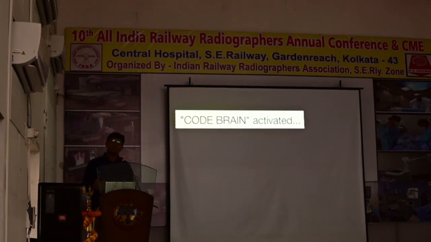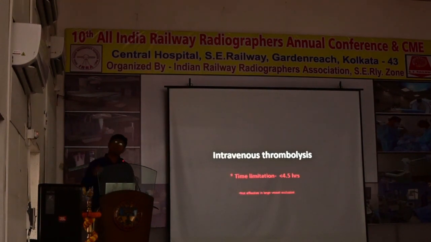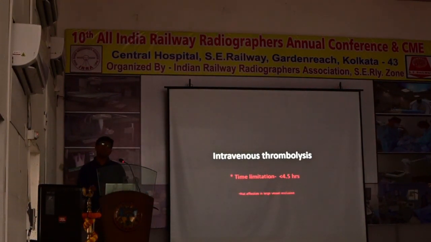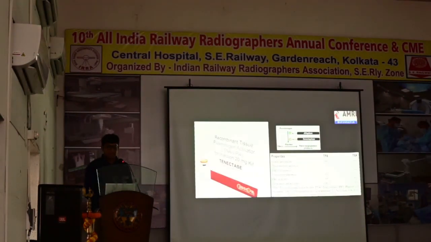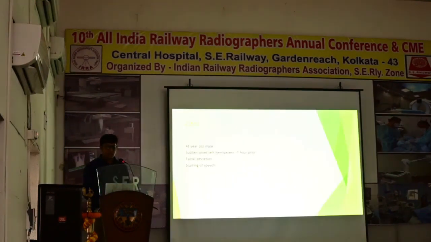Anything presenting with these six symptoms in the emergency will be coded as an acute brain attack or stroke by the emergency team, and this code will be activated. Whenever this code is activated, if the patient is within 4.5 hours and satisfies the eligibility criteria, thrombolysis is offered, which is an IV drug, a clot buster. Initially we used alteplase, and nowadays we have moved more to tenecteplase because of its specificity.